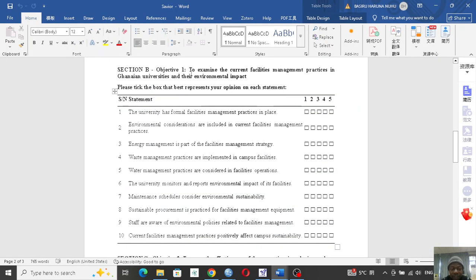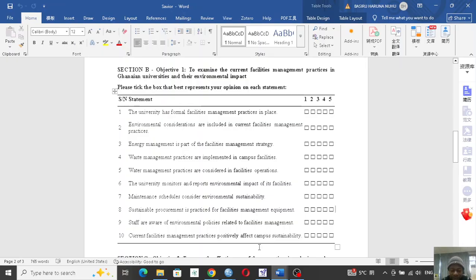Let's say this is one section, that is to examine the current facility management practices in Ghanaian universities and their environment impacts. So ranging from strongly disagree, neutral, agree, strongly agree.